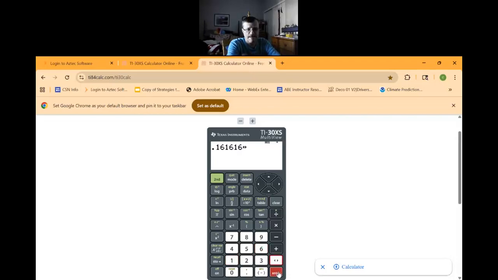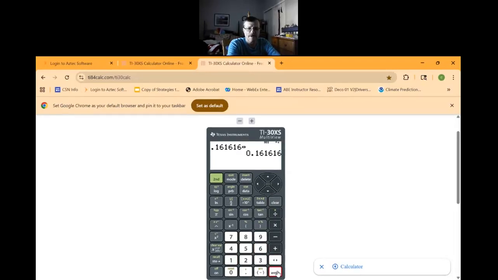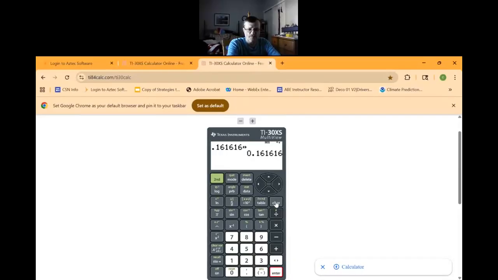Let's see what happens with this. See, it can't recognize it. So you've got to make sure you put in enough. Usually you've got to fill the whole display, and then you'll see what they call converging. It's converging to 16 over 99, and that's it.